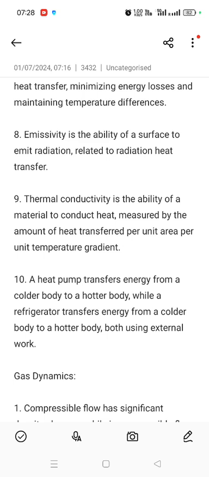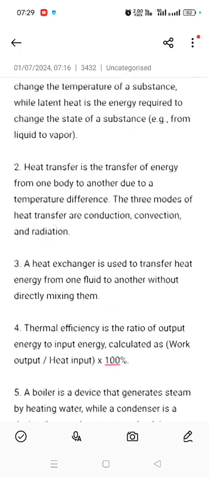Thermal conductivity means a substance which conducts heat, in simple words. So thermal conductivity is the ability of a material to conduct heat, measured by the amount of heat transferred per unit area per unit temperature gradient. Now let us move on to the next question.